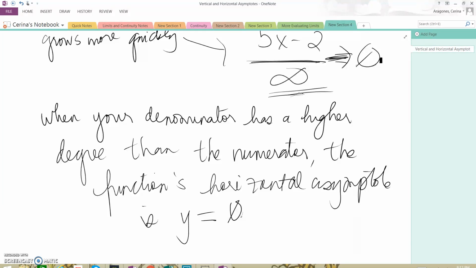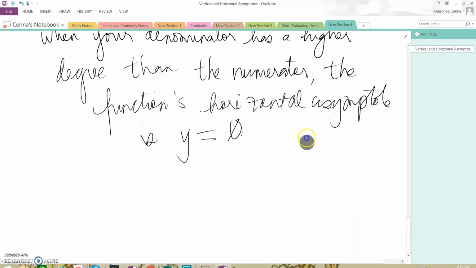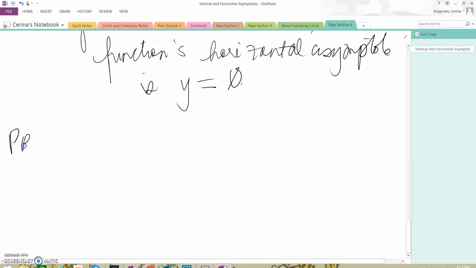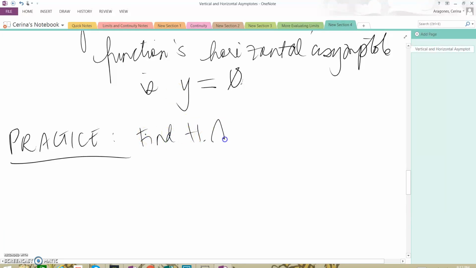Okay, so in the next video, we'll talk about the third case for horizontal asymptotes, and we'll also talk about vertical asymptotes. In the meantime, you can do some practice and find the horizontal asymptotes of the following functions.